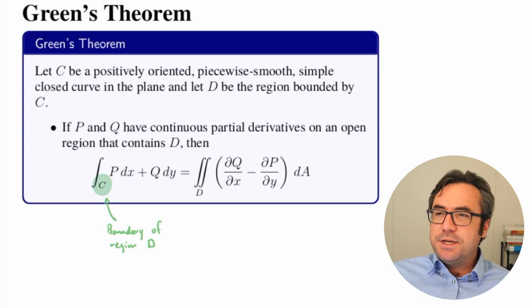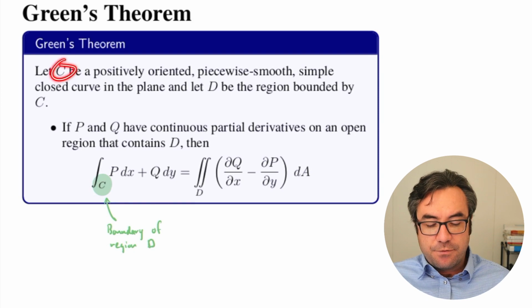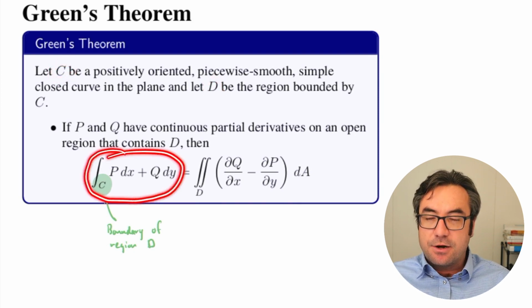All right, so what does Green's theorem actually say? We have a curve, we have a region D, and what we're doing is calculating the line integral of a vector field.